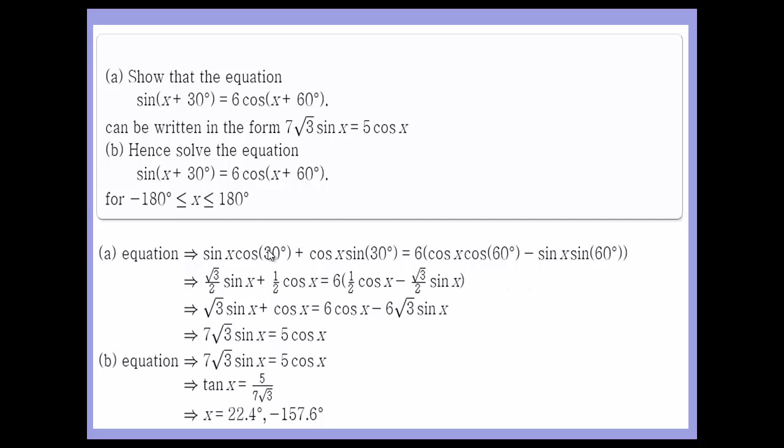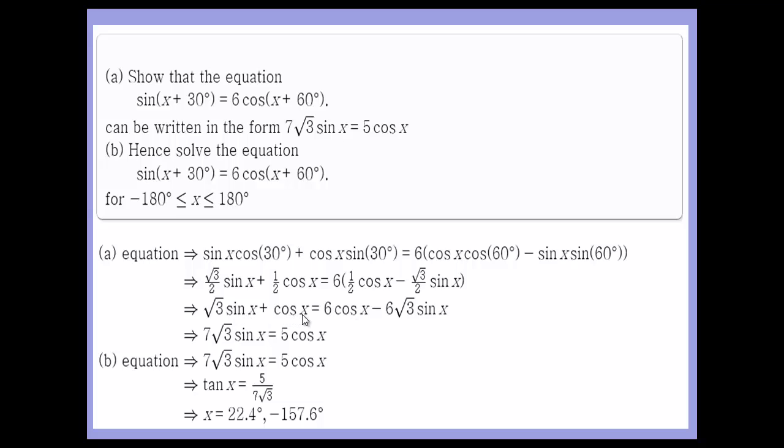Now we should know the values of cos 30, root 3 over 2, sine 30, a half, cos 60, a half, and sine 60, root 3 over 2. And you can see there by using those values how we managed to get to this.